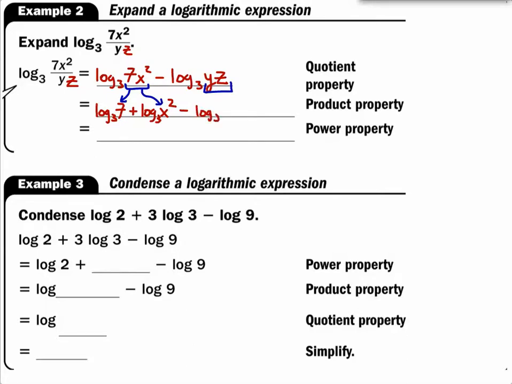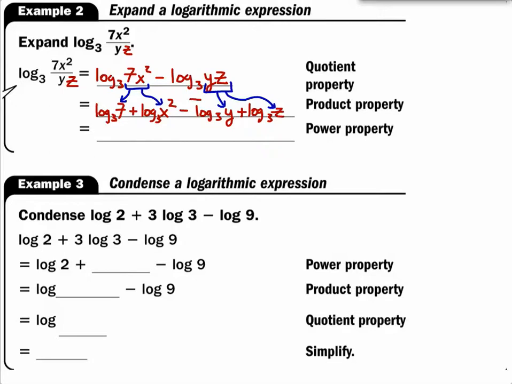Log base 3, that is a terrible 3. Log base 3 of y plus log base 3 of z. And again, you had that multiplication, that product business being broken up into two separate pieces with addition in between them. And that's wonderful, but there's the trick here, which is why I changed the problem.